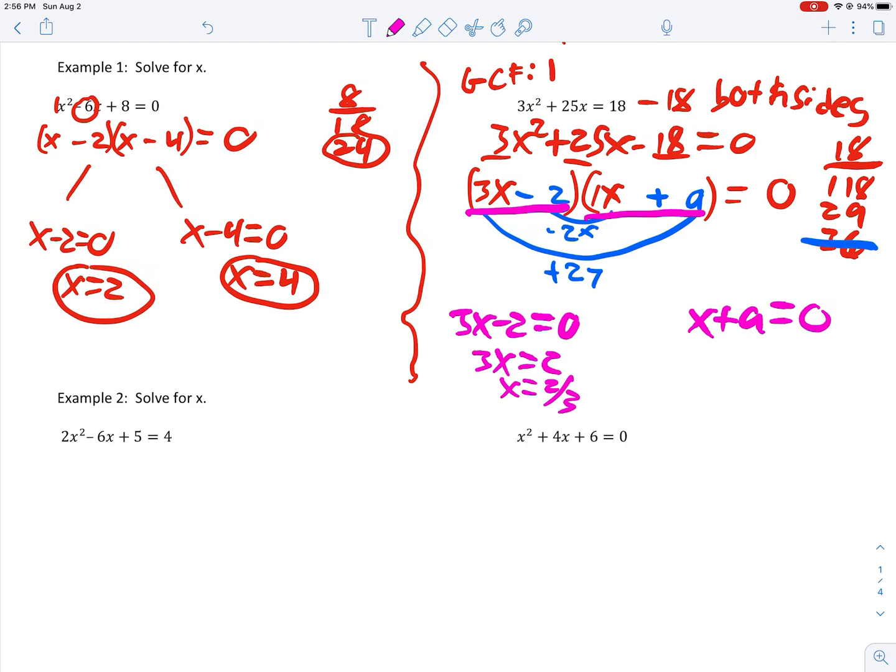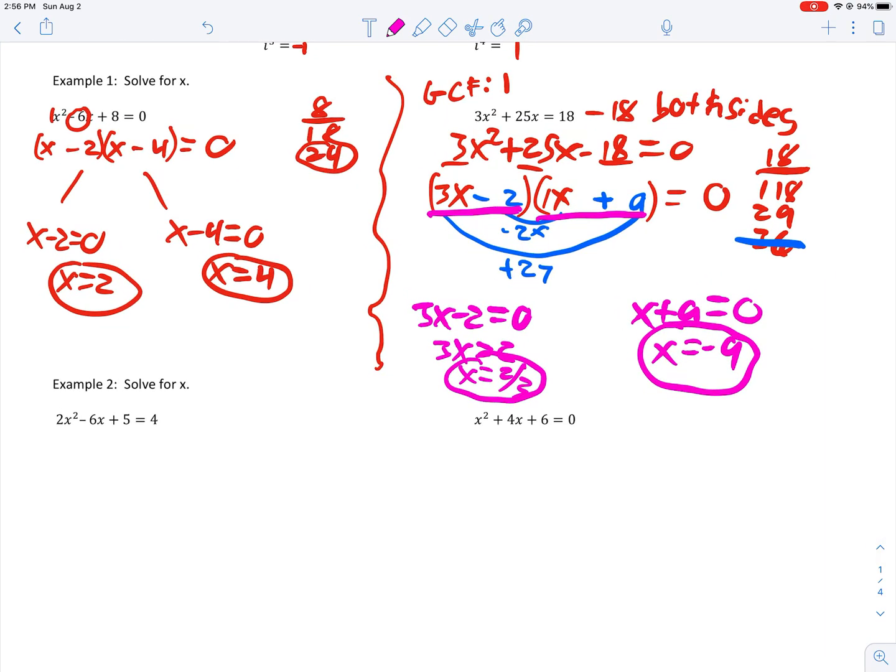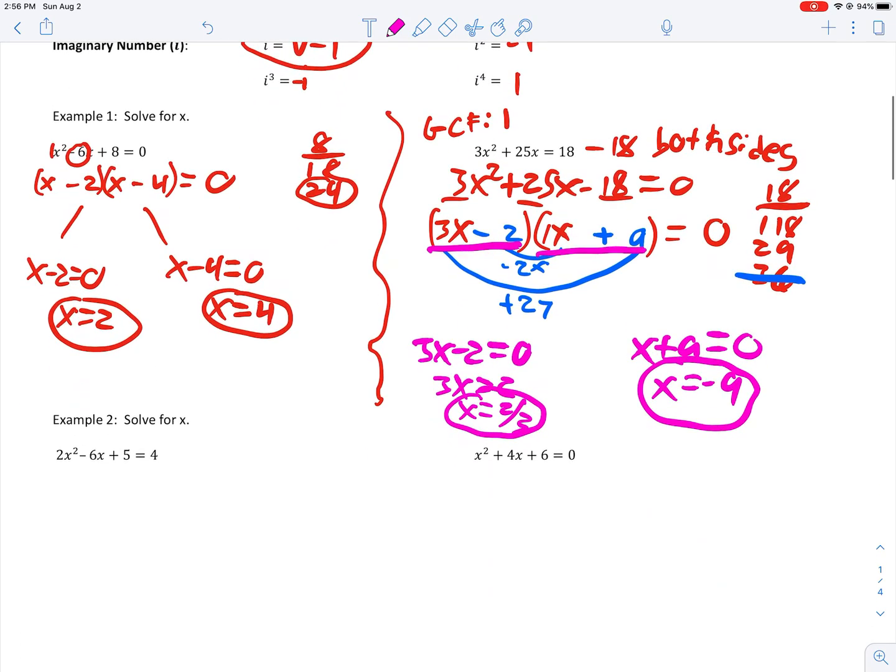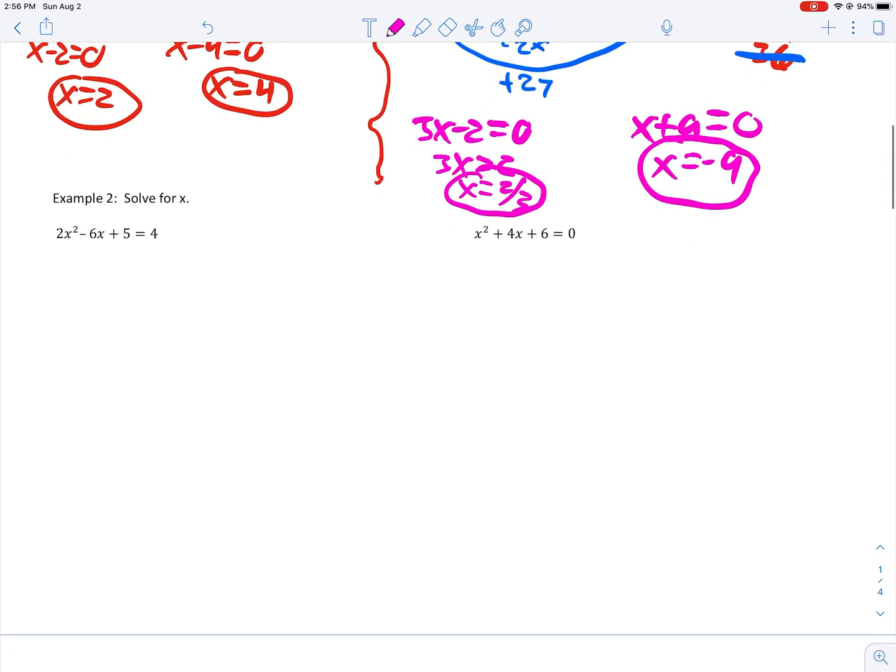Add 2 to both sides, divide by 3, so 2/3. Subtract 9, so -9. So I get my two solutions. Both of those were based off of what we went over in the last section. We were able to factor and solve.